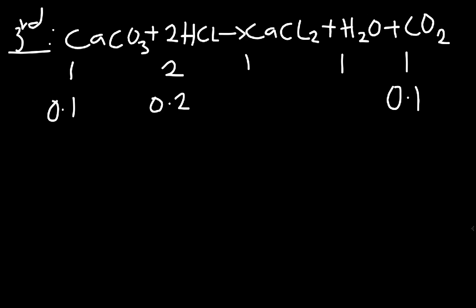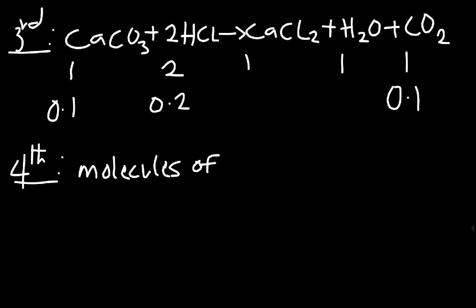Next, you solve for the number of molecules, which is your fourth and last step. The number of molecules of CO2 would be mole times Avogadro's constant.